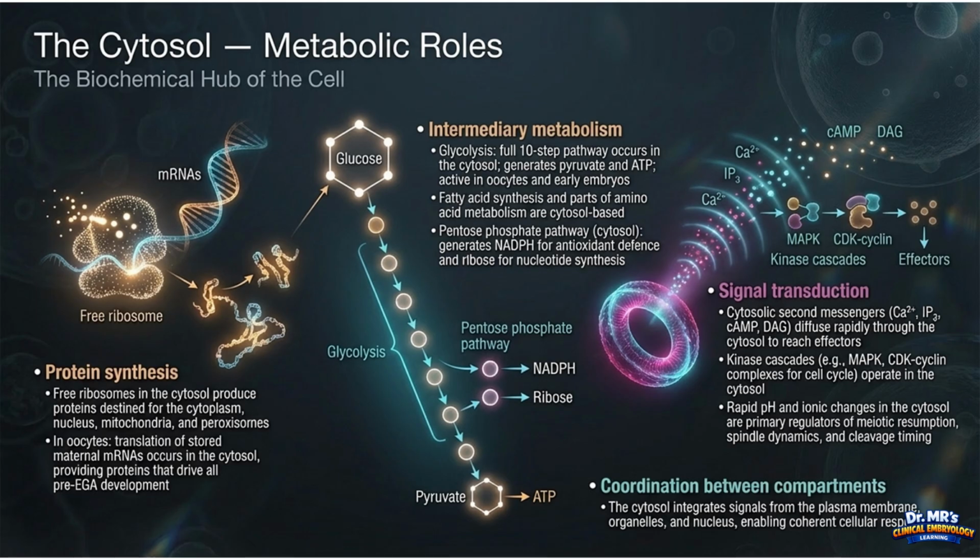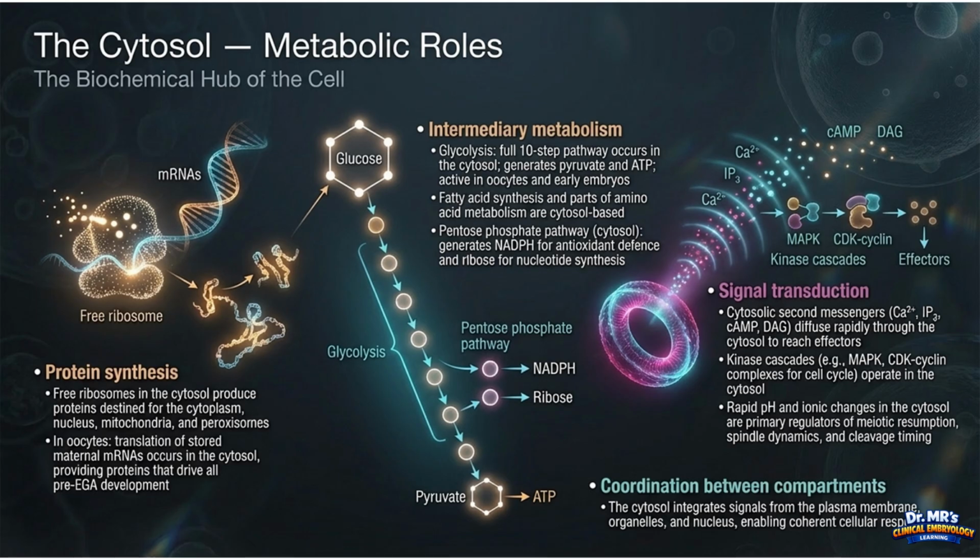The third role is signal transduction. The second messengers that carry information from the plasma membrane into the cell interior, calcium ions, inositol trisphosphate, cyclic adenosine monophosphate, diacylglycerol, all diffuse through the cytosol to reach their effectors.